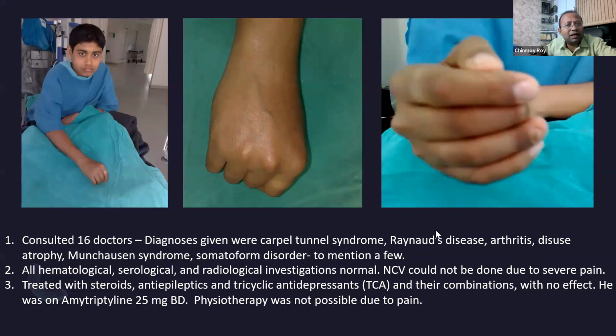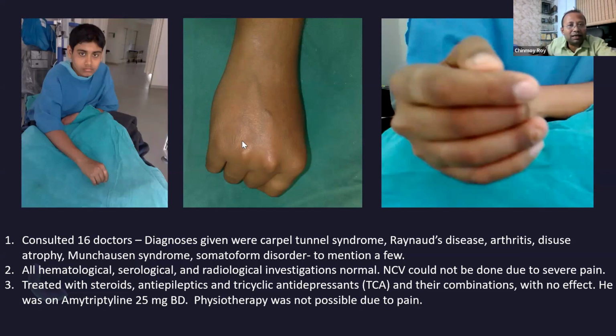But actually these diagnoses were given because the CRPS diagnosis was not commonly known to all, or commonly treated by everyone. Even the nomenclatures of CRPS are new, and it is treated mainly by pain physicians, and of course seen by neurologists also.